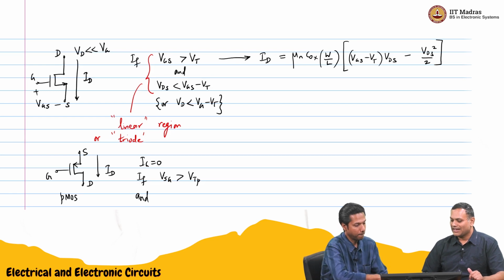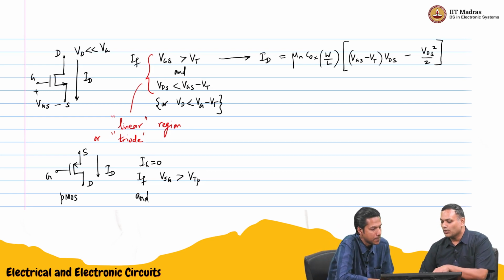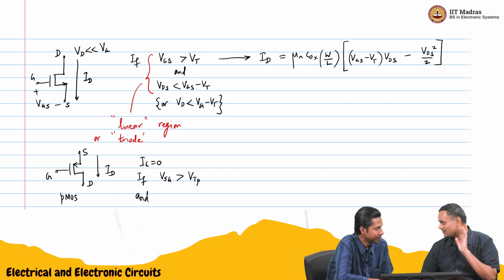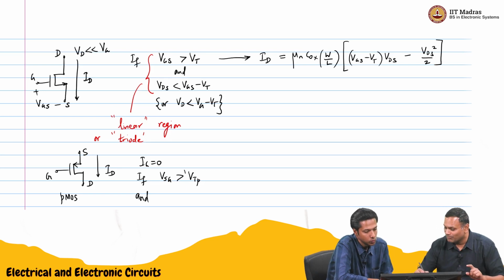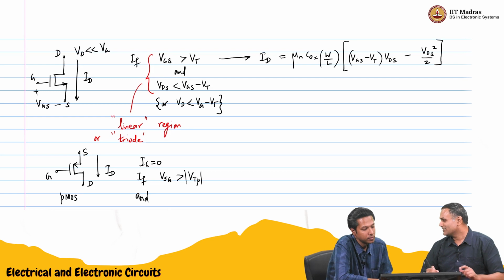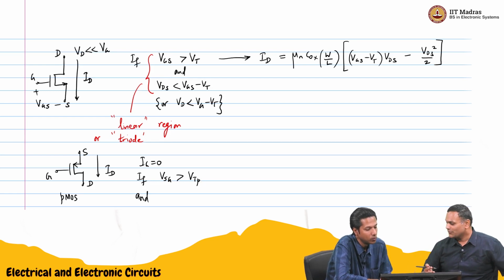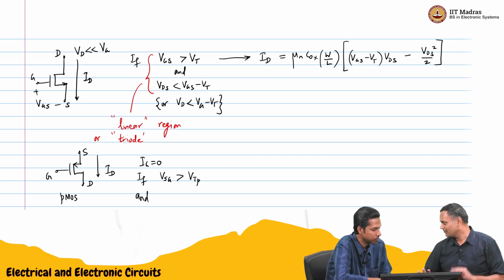Basically this means the source terminal is at a higher potential compared to the gate terminal. Now, we have to warn the students that some textbooks will use things like mod VTP because they think of VT as being negative. We probably don't want to confuse them in our course. We will assume that VTP is positive and the source is at a higher potential compared to the gate. We will write it like that.